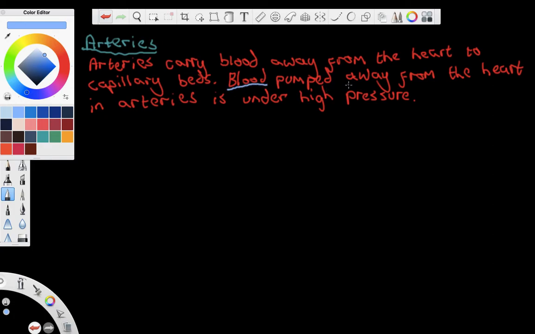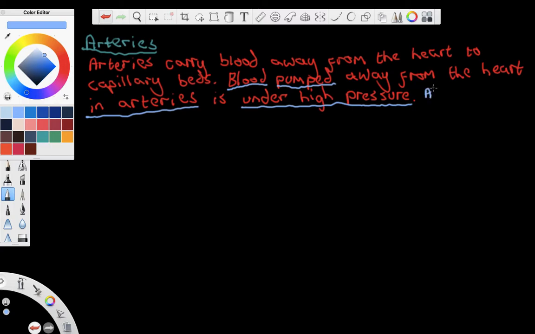So the blood is pumped in arteries under high pressure. Okay? All adaptations of the arteries, I keep saying the heart, apologies. All the adaptations of the arteries allow it to withstand this pressure.